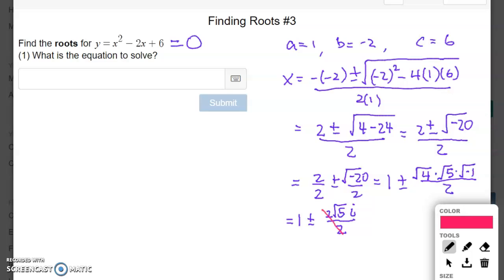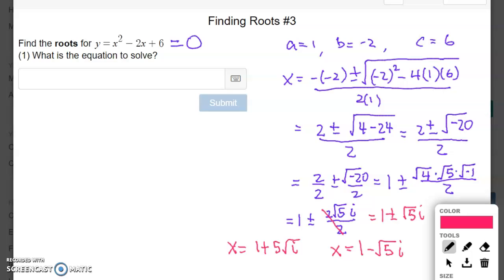So I can cancel this out. 2 divided by 2 is my giant 1. So this simplifies to 1 plus or minus root 5 i. That means one complex solution is x equals 1 plus root 5 i, and the other solution is x is equal to 1 minus root 5 i.